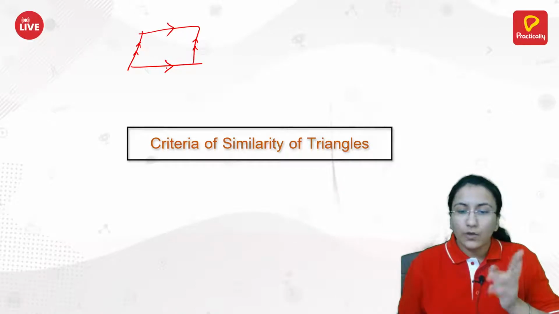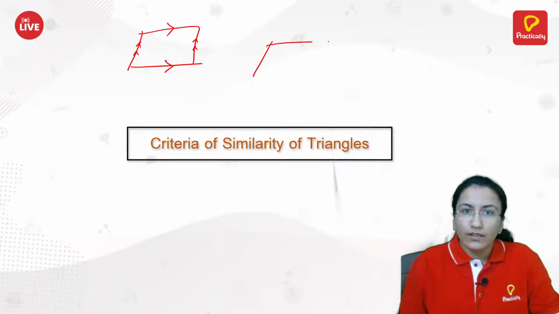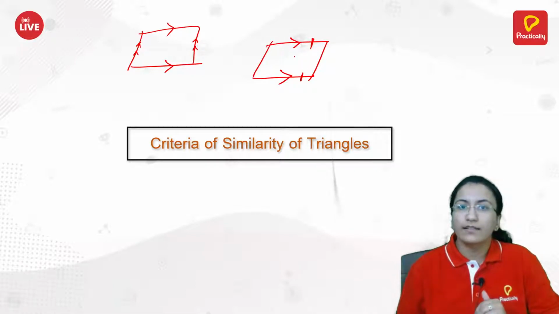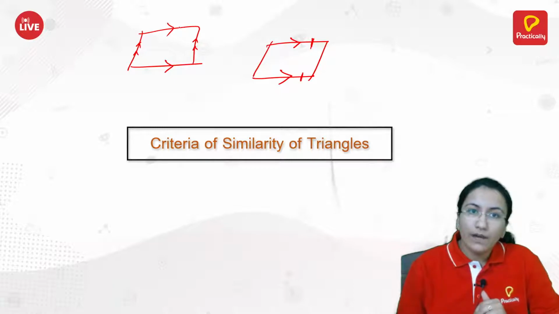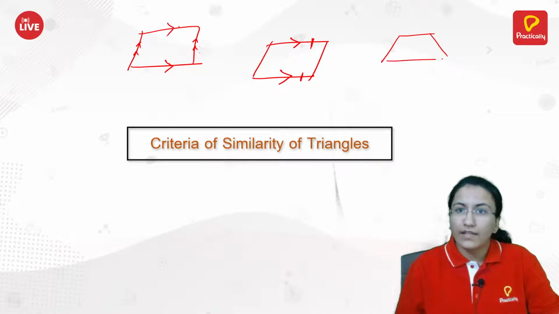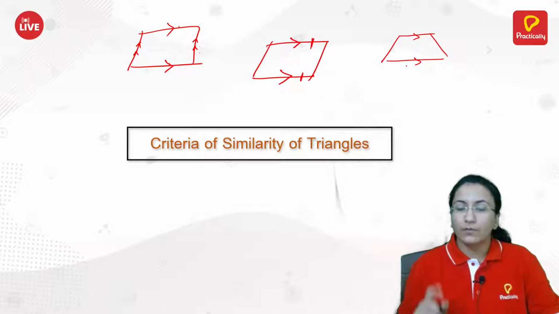If you want to prove it some other way, you can prove this line is parallel to this line, and also prove that this line is equal to this line. Only then can you say that this is a parallelogram. But if only these two lines are parallel and the other two are not proved parallel, then you can't say that this is a parallelogram. We can even construct a trapezium like this, in which one pair of opposite sides is parallel but the other is non-parallel.